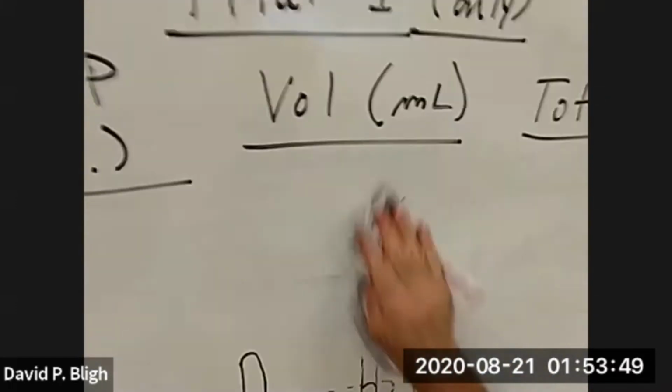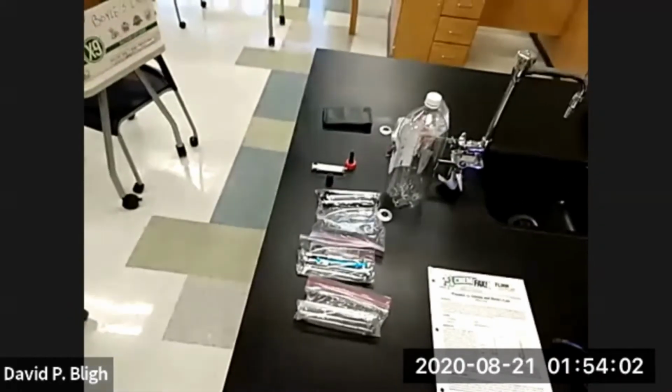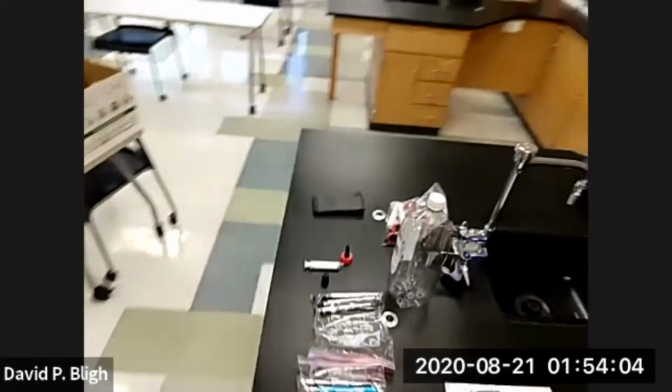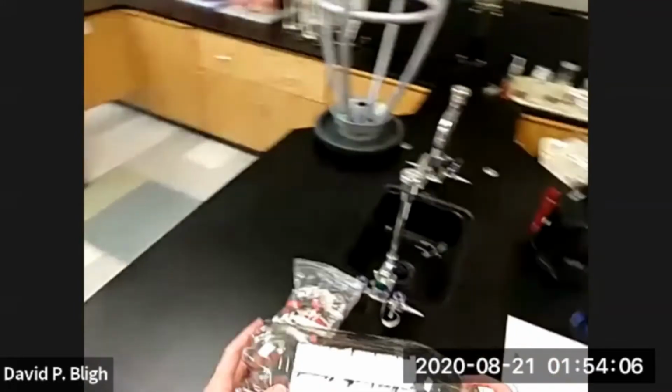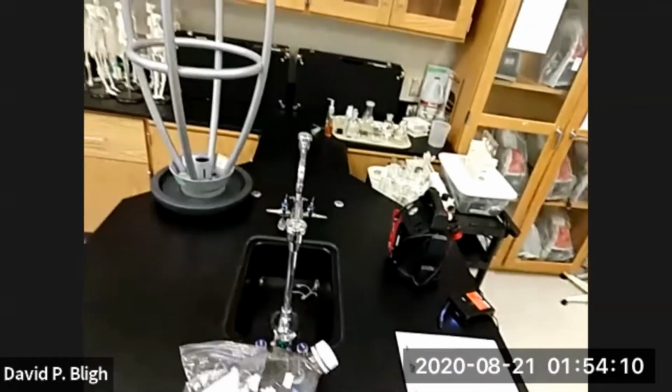All right, and I'll show you the apparatus right now. Okay, this is the apparatus we're going to use. We're going to have an enclosed vessel which provides external pressure on a trapped gas.